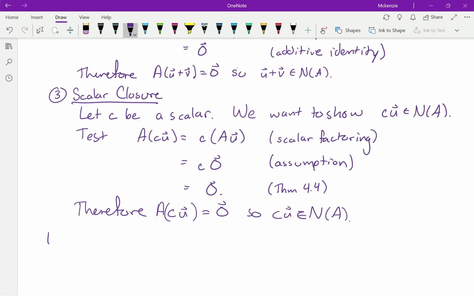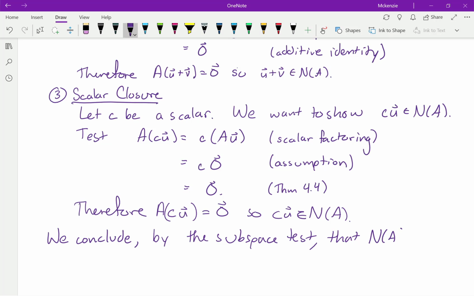So we conclude by the subspace test that N(A) is indeed a subspace of R^n. All right, there we are, QED. Fill in our box, say we're done, let the reader know. All right, so that's the proof.